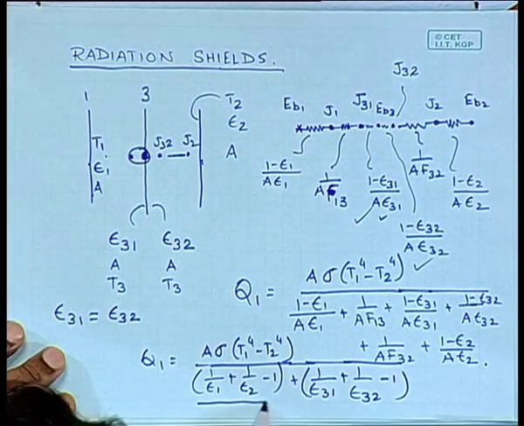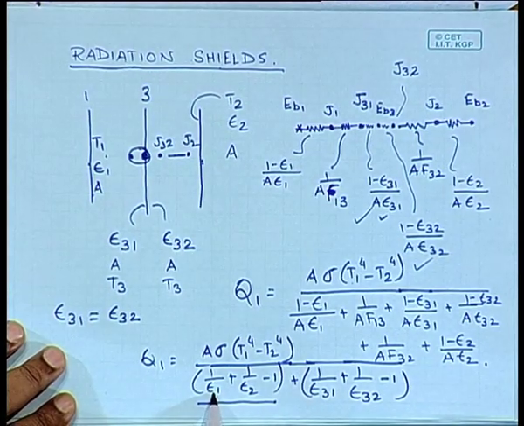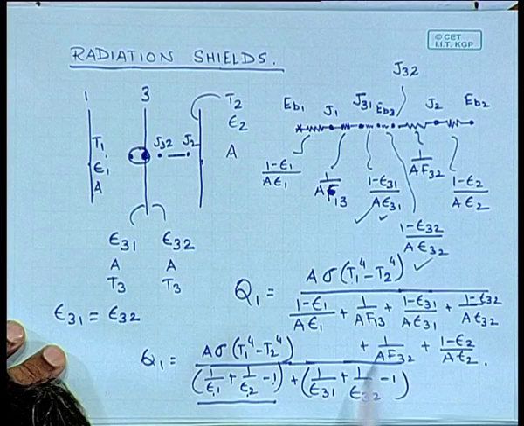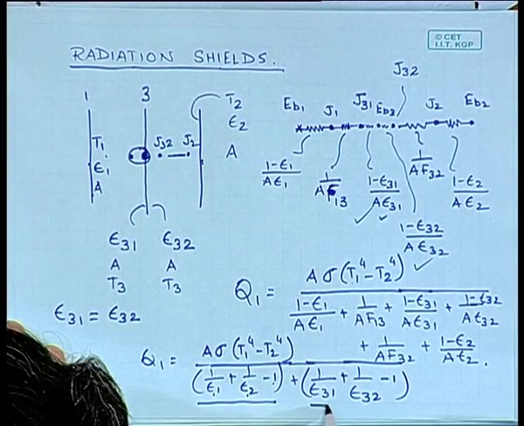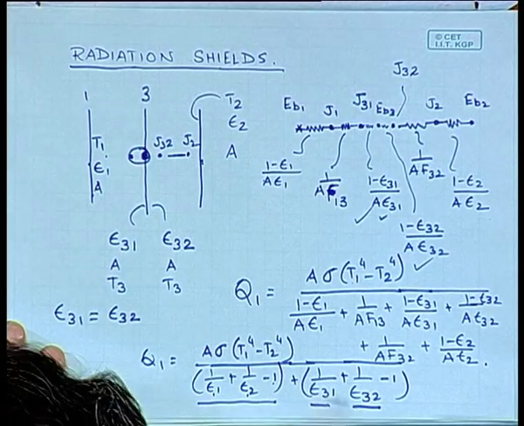The sum includes the surface resistance of the first plate, the surface resistance of the second plate, and the resistance in between.